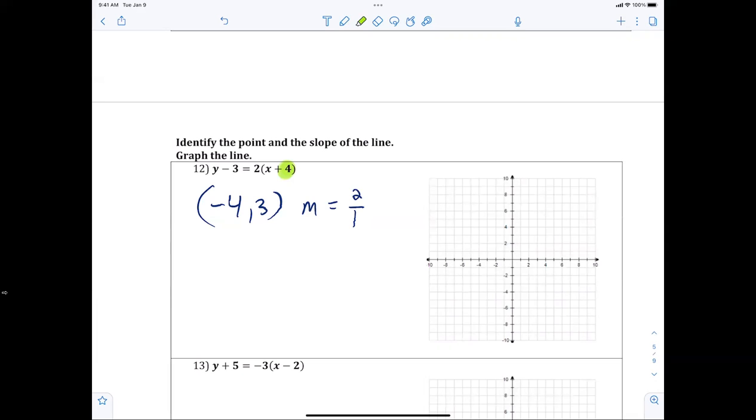So now, Jocelyn, are you okay with that point being -4, 3 now? Anybody else like, oh my gosh, how did he get that? What? I don't understand the -4. Seriously, are you asking me how I got 3 also?